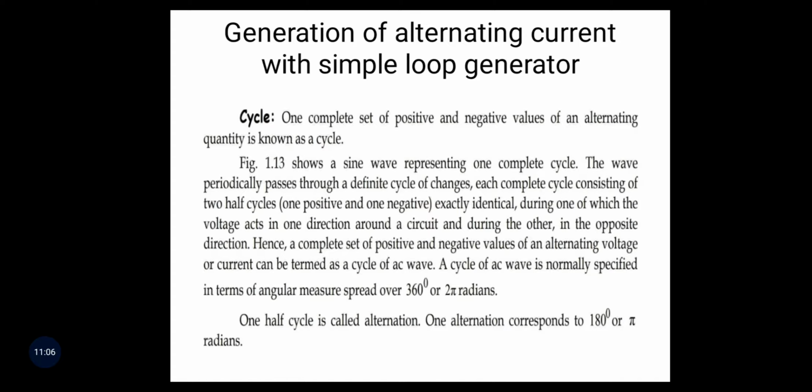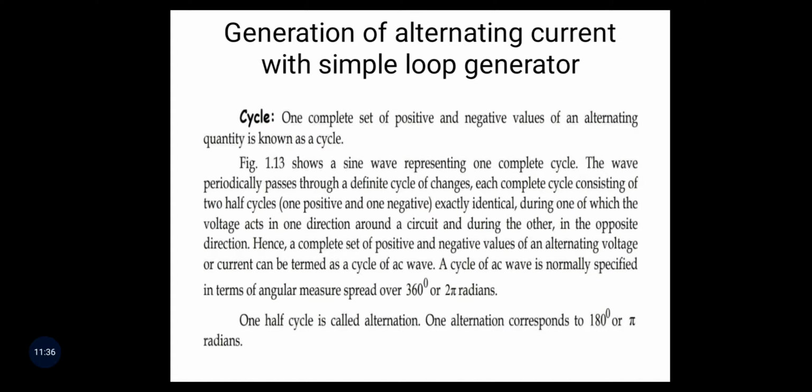A sine wave representing one complete cycle. The wave periodically passes through a definite cycle of changes. Each complete cycle consists of two half cycles, one positive and one negative, exactly identical.